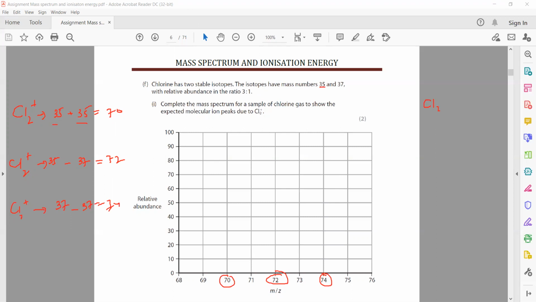So when we plot the relative abundance, the ratio for 70 to 72 to 74 is 90 to 60 to 10. So the heights are 90, 60, and 10.